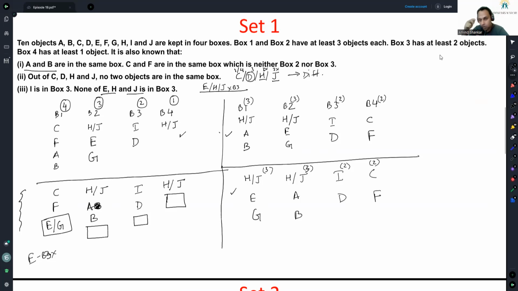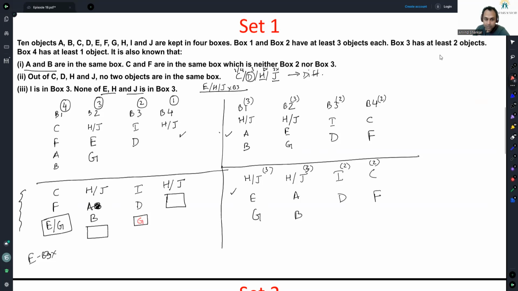Okay, so box 3 has 3 items. So that will only happen if, see, case wise, E or G has to come, one of the two has to come here. E cannot come here.